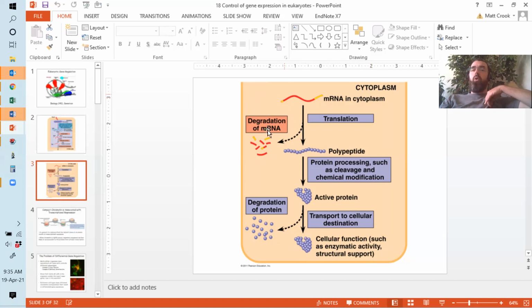And at the end of all of these, you have a protein that does something, right? Whatever that might be, being part of the structural support of the cell, could be in a metabolic pathway. It could be a protein that moves things from one place to another, right? From the cell body out along axons or dendrites or whatever, if it's a neuron.